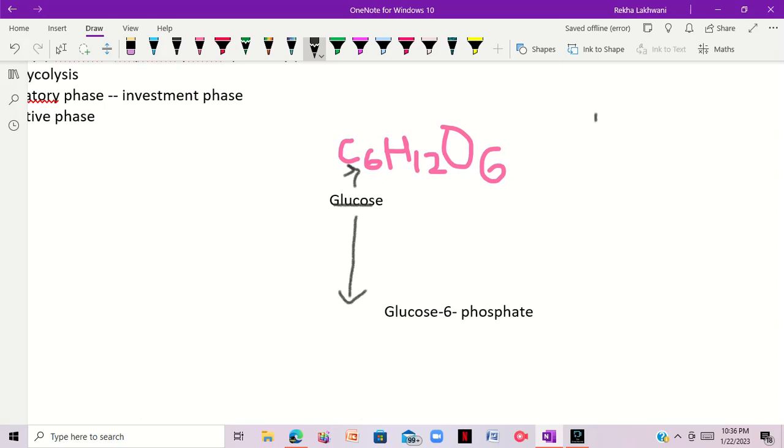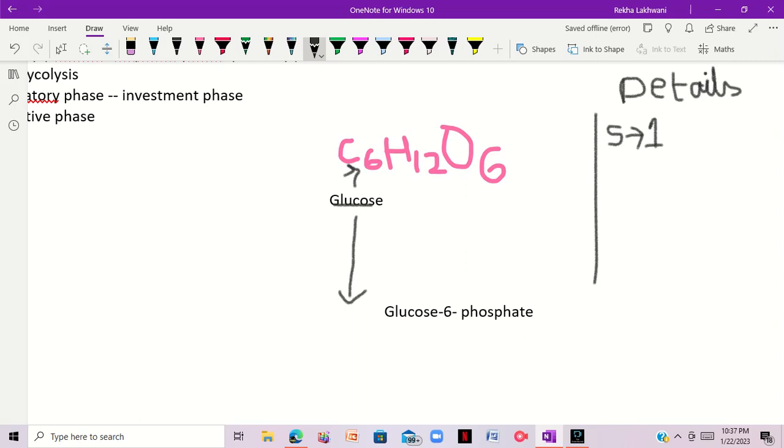Here we write the details of all the steps. Step number 1: this glucose is converted into glucose 6 phosphate.